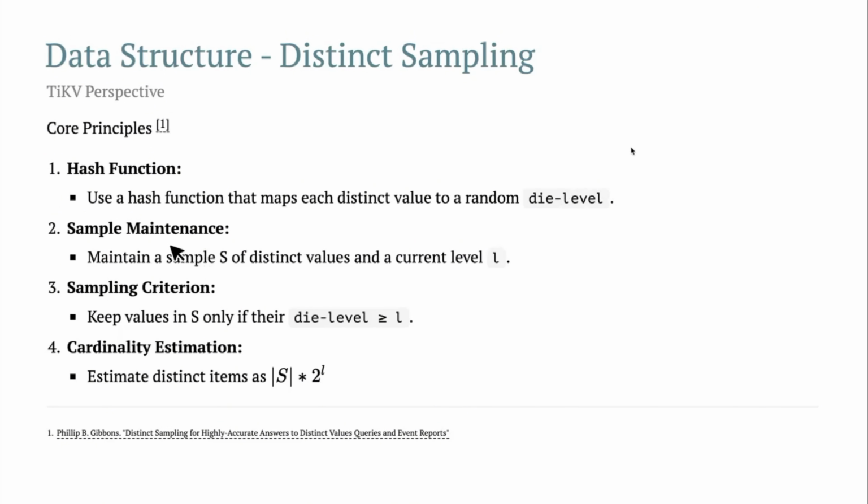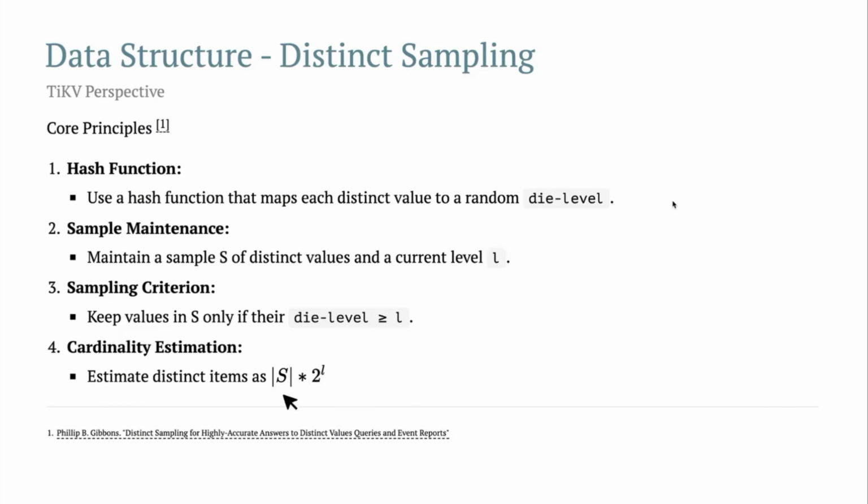We maintain a sample S of distinct values and a current level L. We keep values in S only if their die level is greater than or equal to L. The estimation becomes the length of this sample set multiplied by 2 to the power L.